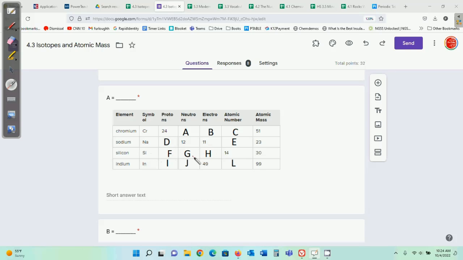So this would be 14. This would be 14. Okay. If the number of protons is 14 and the mass is 30, then 30 minus 14 would be 16 neutrons. Okay, so you've got to think through it, and you've got to know the vocabulary. Okay, but it's doable.